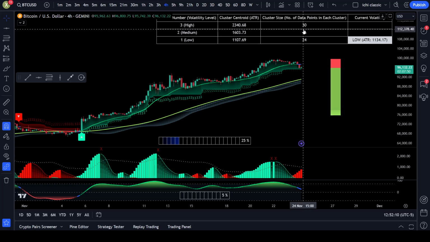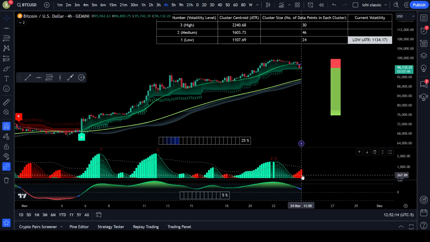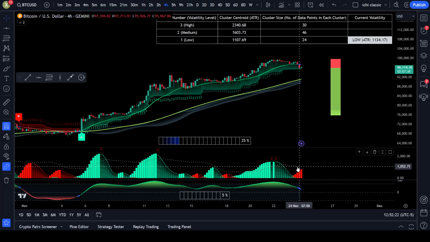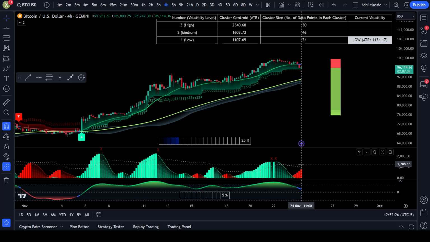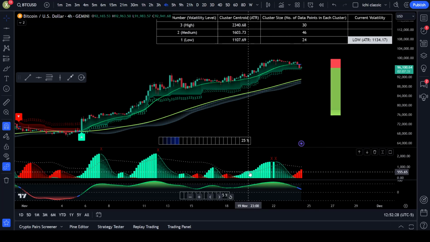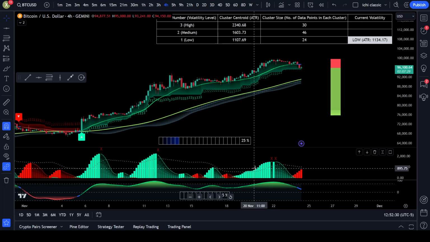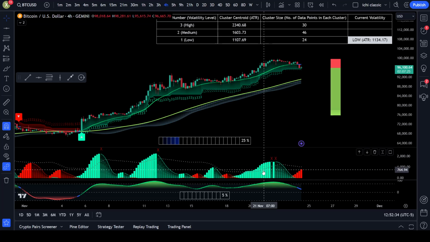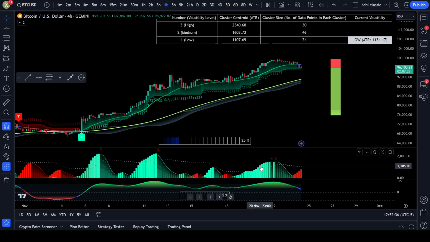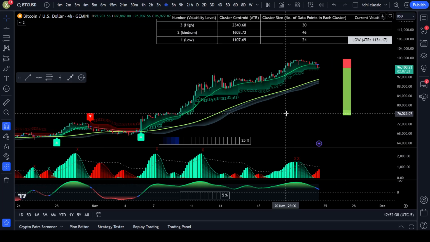And then the third condition would be that if it's a sell, then this red bar should be above this dotted line. If it's a buy, then there should be a light green bar, and it should be above the dotted line. So right now we still don't have it.